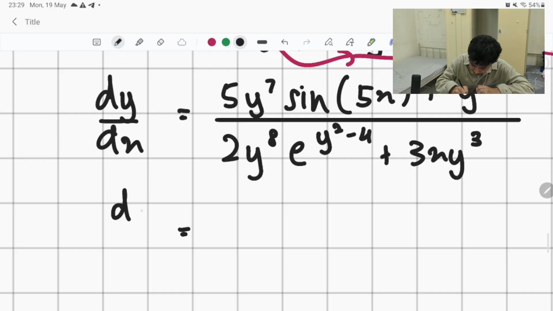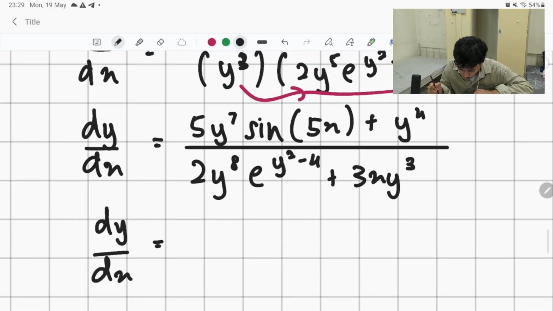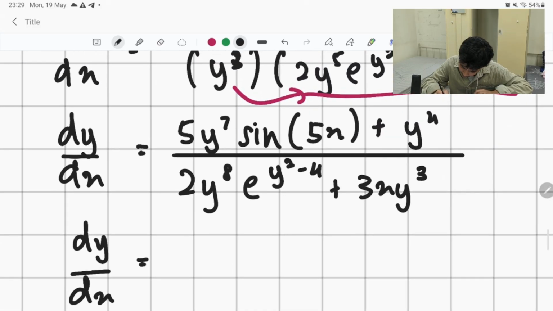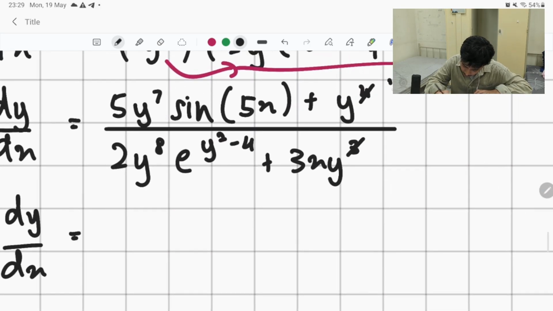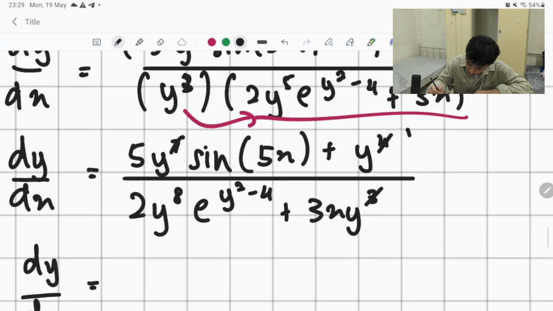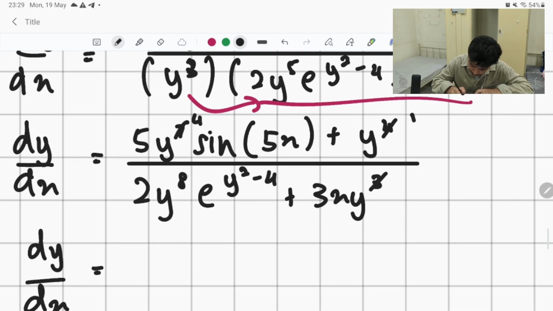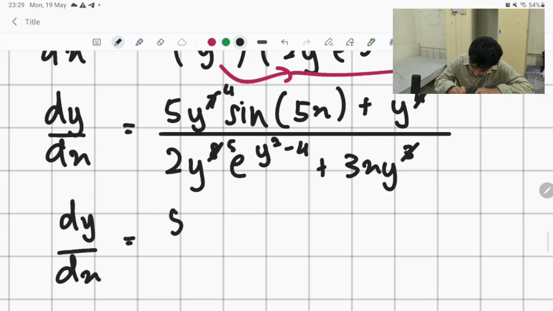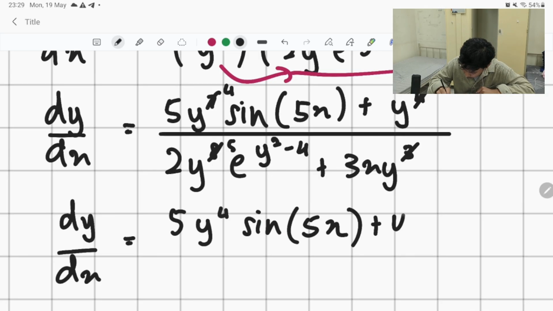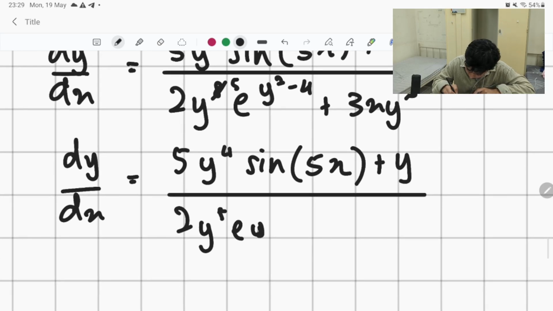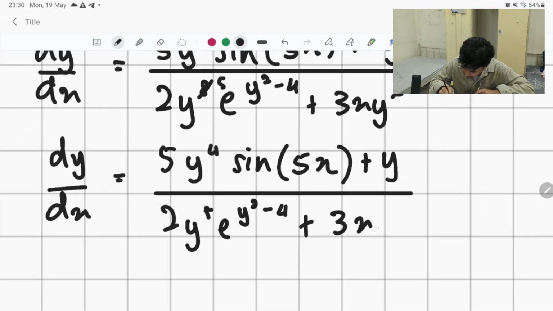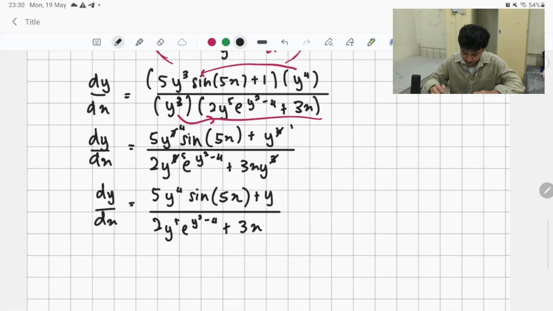Then we can simplify the powers of y: 7 minus 3, we get 4, and 8 minus 3... so the answer is 5y to the power of 4 sin 5x plus y over 2y to the power of 5 e to the power of y squared minus 4 plus 3x. Okay, so that's all. Thank you.